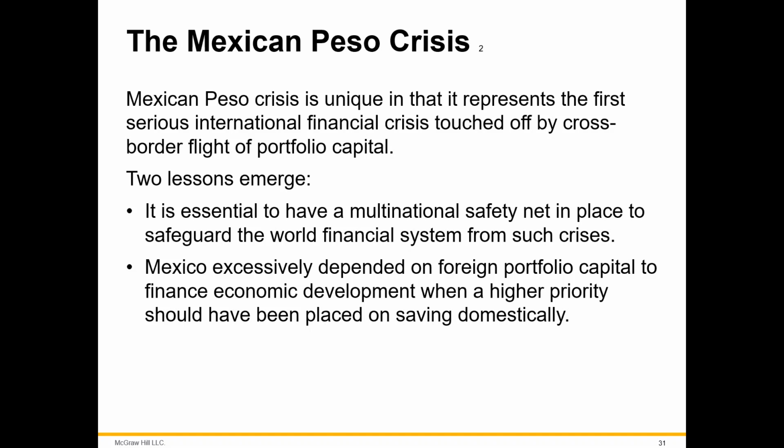And that wouldn't happen with domestic savings, because the locals, if their currency is devalued, are still transacting in pesos the entire time.